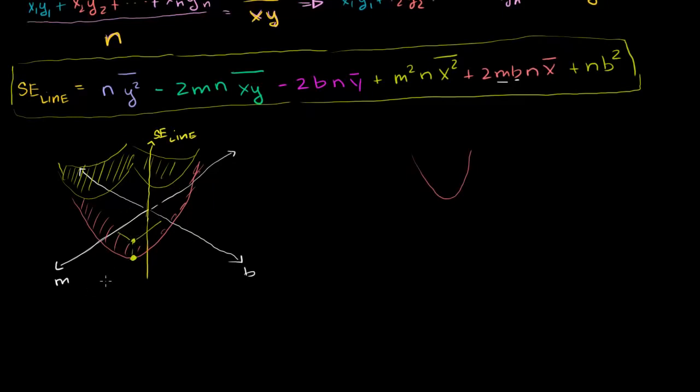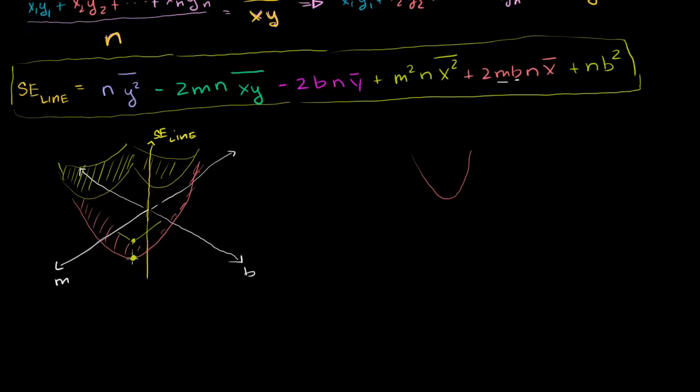And to do that, and I'll actually do the calculation in the next video, we're going to find the partial derivative of this with respect to m, and the partial derivative of this with respect to b, and set both of them equal to 0.